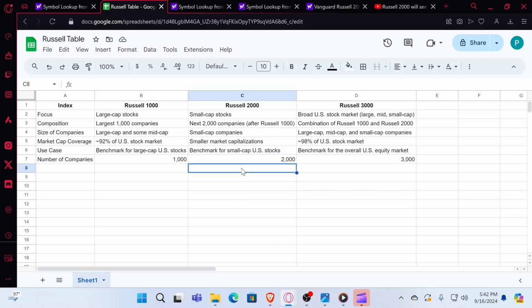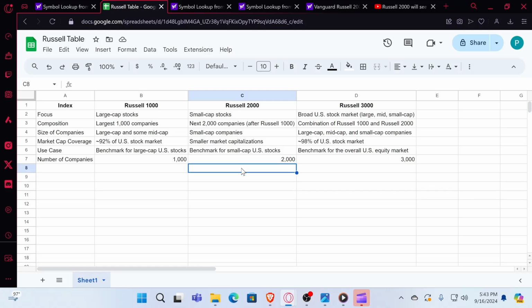But often when you hear the Russell mentioned, especially lately in the news, oftentimes they're talking about the Russell 2000, which is all about small cap companies, smaller companies, growth phases. These are smaller, more agile companies, often overlooked, but can have huge growth potential when the time is right for them.